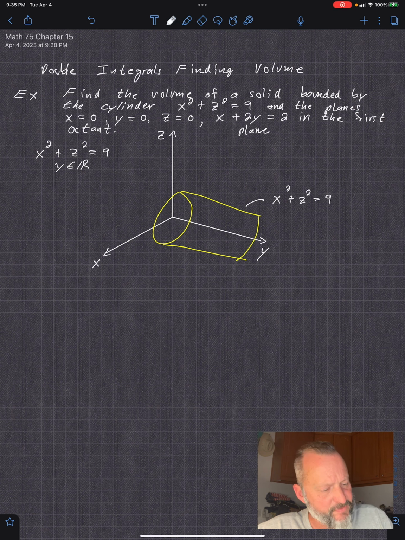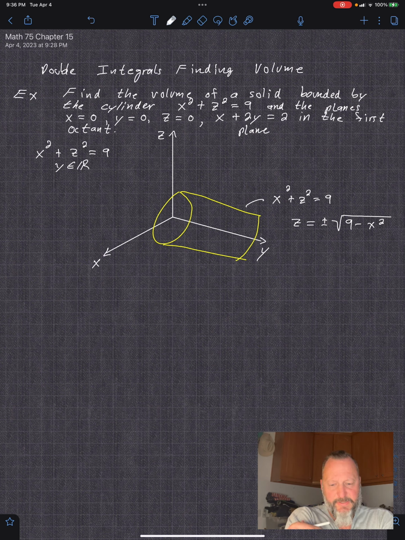So if you solve for z, you'd have z is equal to plus or minus the square root of, and so you would subtract the x squared, and you have 9 minus x squared, and then you do the square root. So that gives you a function form, which we may need to use.